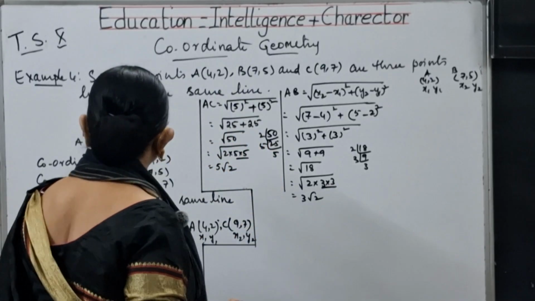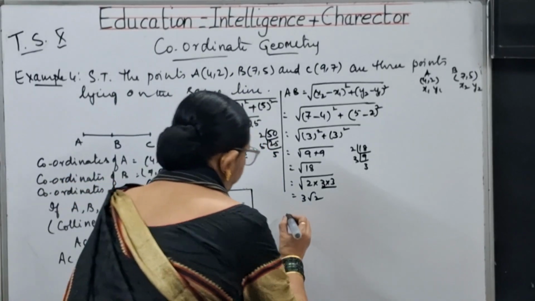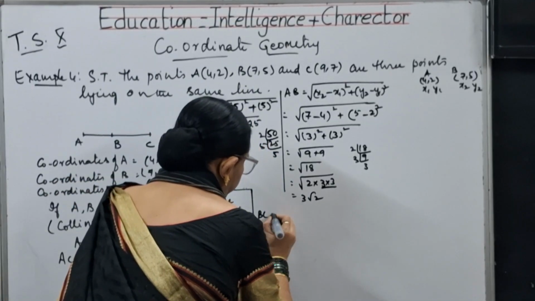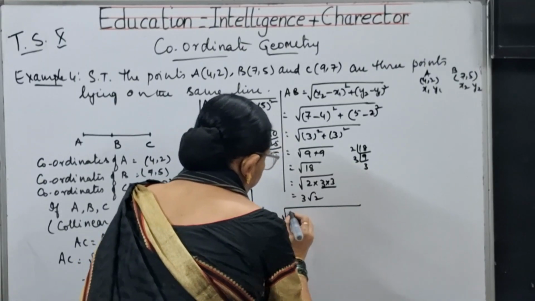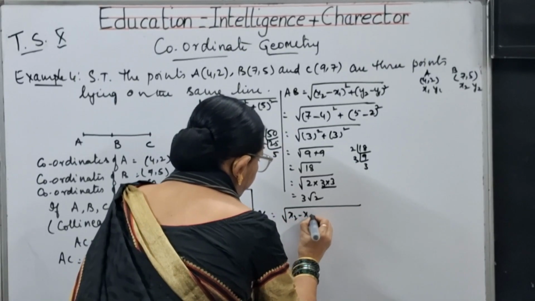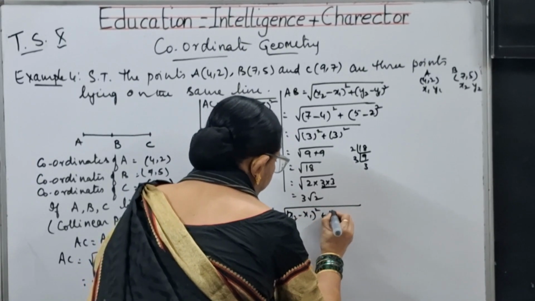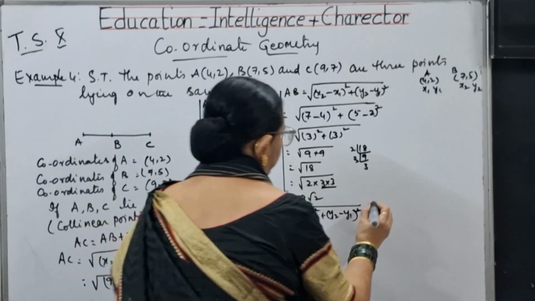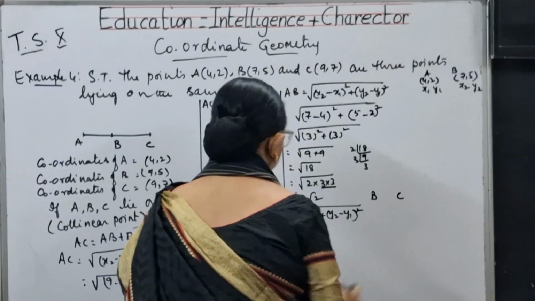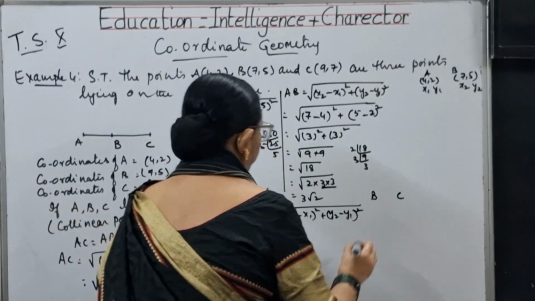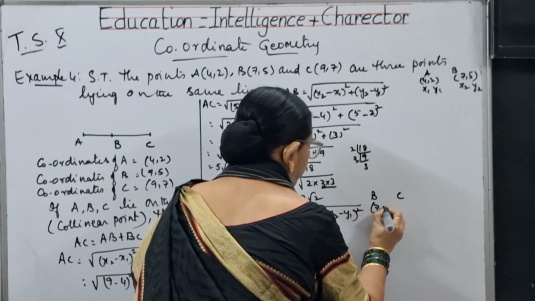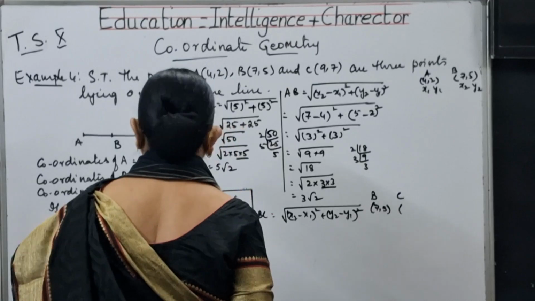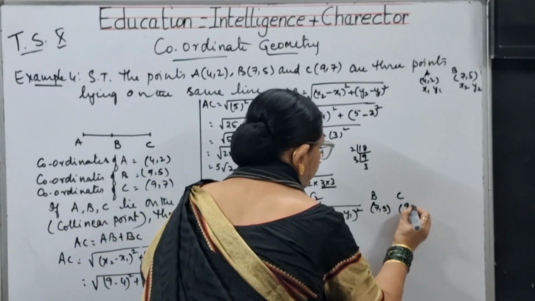Now we need to find out BC. So how will you find BC? Root of (x2 minus x1) whole square plus (y2 minus y1) whole square. Let us take B and C. B coordinates are 7, 5. C coordinates are 9, 7.